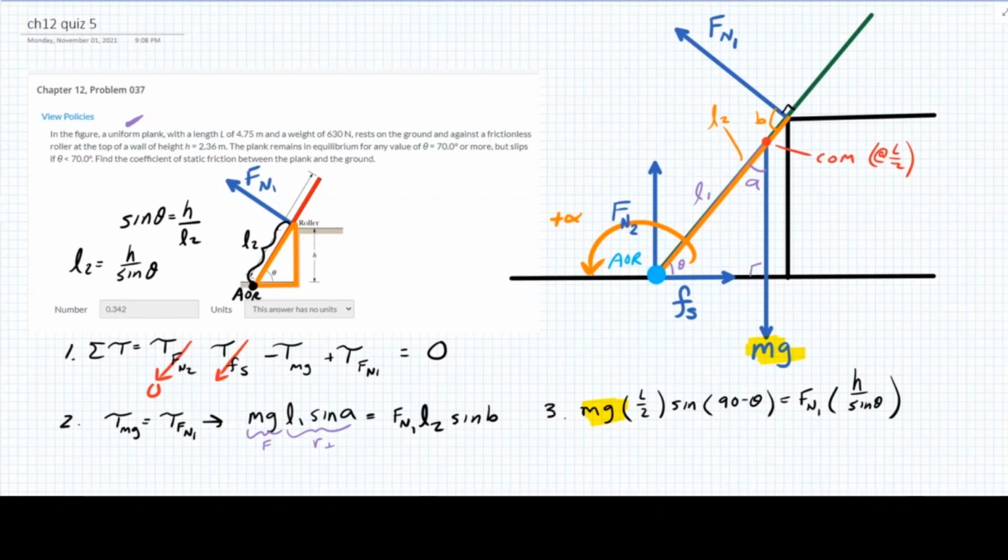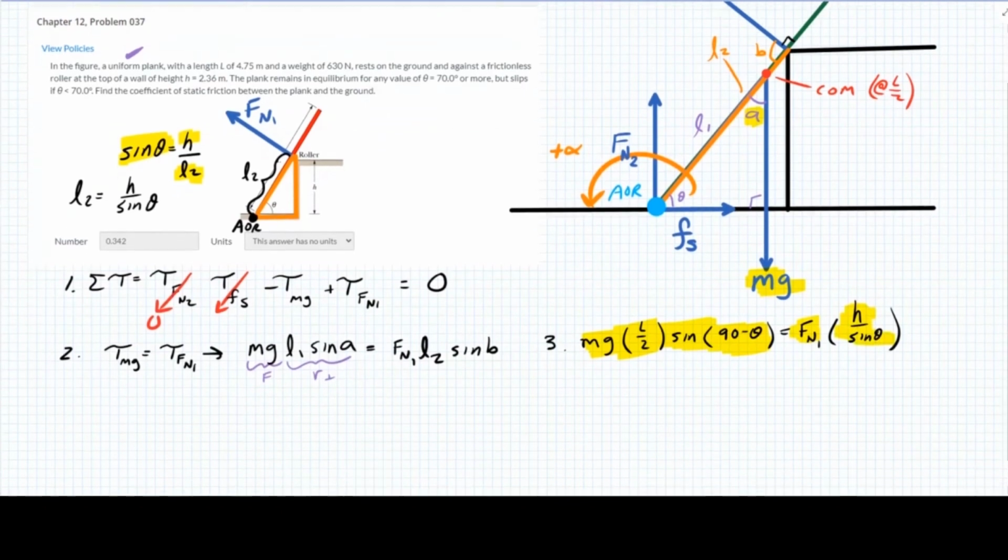So I'm feeling good about this position vector. What is this angle A? Sine of angle A gives me the torque arm, and sine of angle A is the same as sine of 90 minus theta. I'm feeling good about that as the torque due to my weight force. For Fn1, there's my force, and my torque arm is H over sine theta, because over here, sine of theta equaled H all over the hypotenuse. There it is.